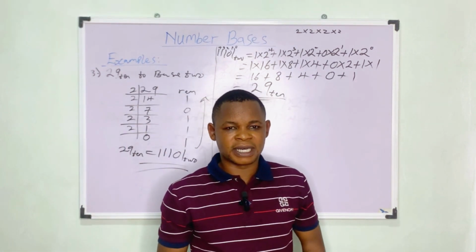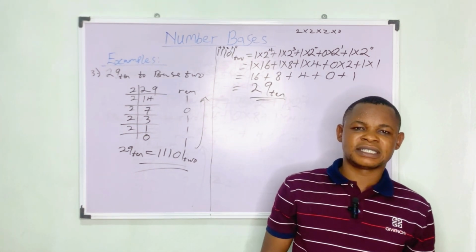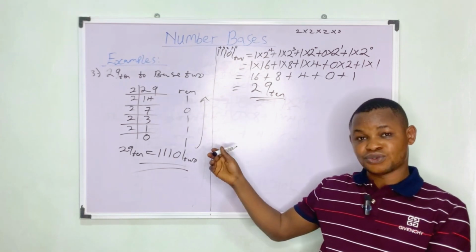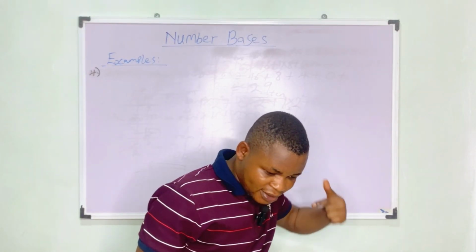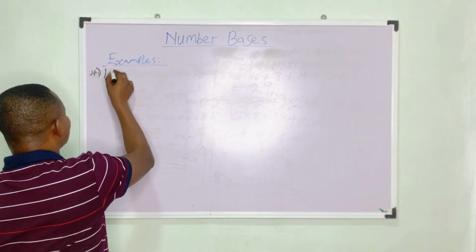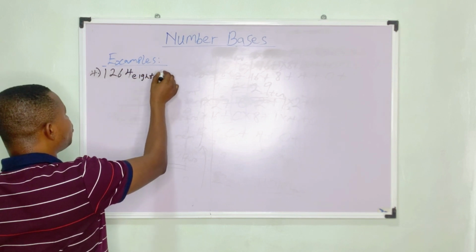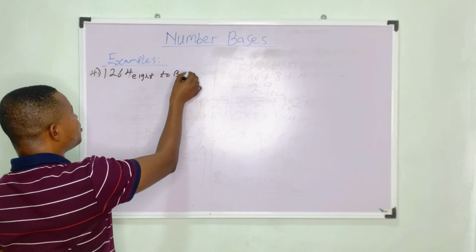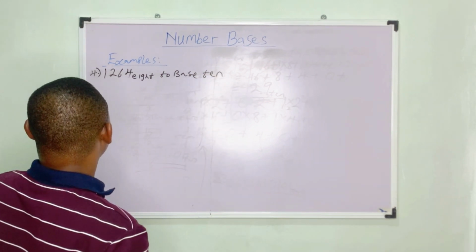Now, let's move further and let's trace other bases other than base 2. Now, let's convert a number from base 8 to base 10. Let's convert 1264 in base 8 to base 10.